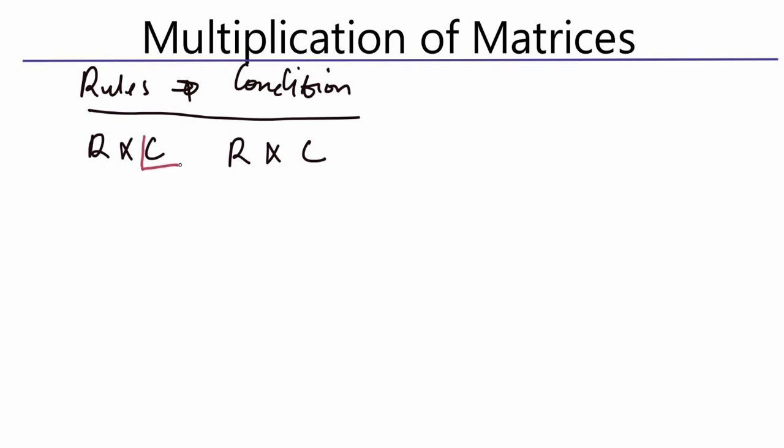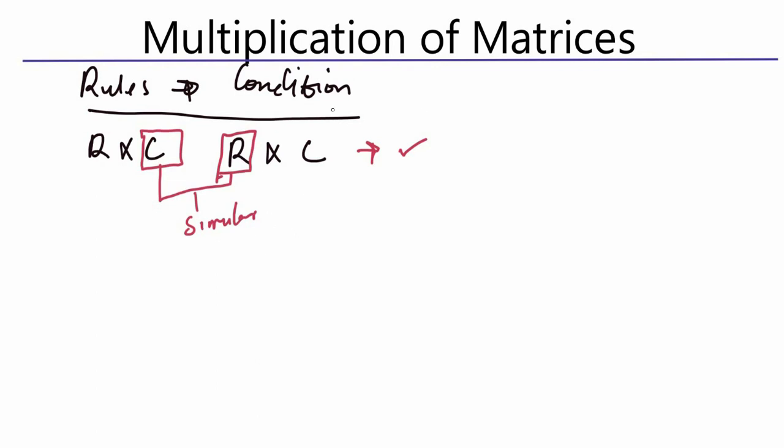So you check for the column in the first matrix, confirm whether it is similar to the row in the other matrix. If these two are similar, then these matrices can be multiplied together. It qualifies to be multiplied together.